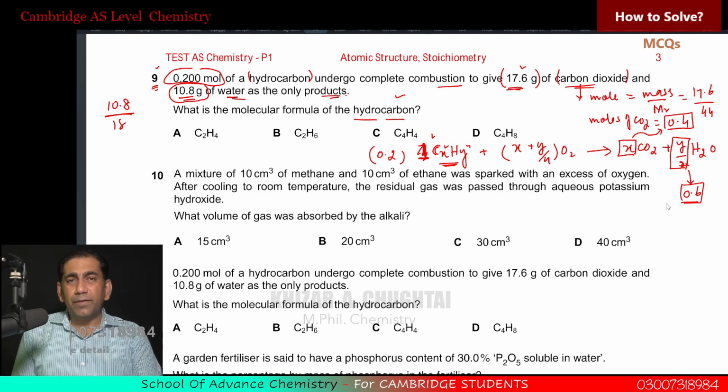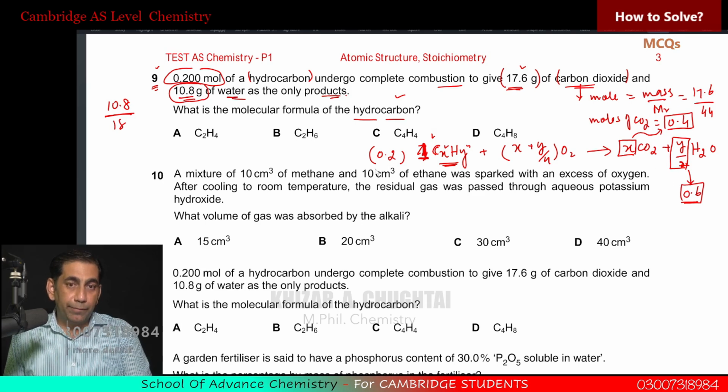Now we can find the values of x and y using these equations, and then we will balance this equation by dividing by 0.2 all these numbers because we need to take 1 over here. If they are asking to find the formula of any hydrocarbon, then you will have to balance this equation in such a way that there is 1 mole of hydrocarbon.